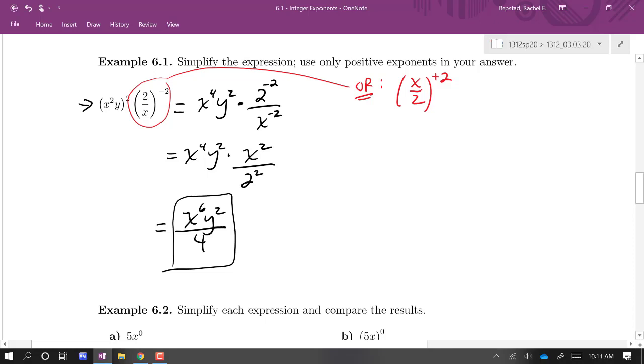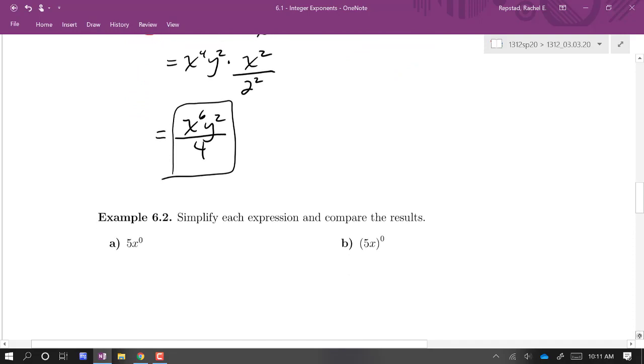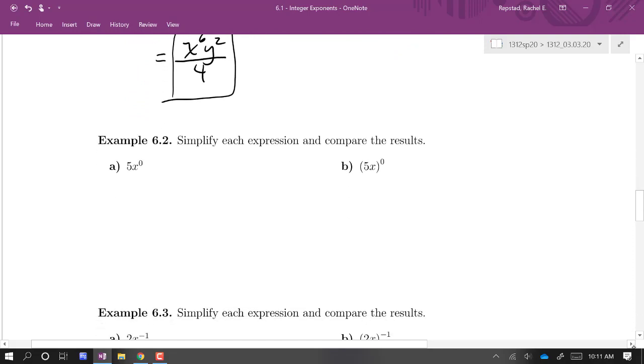Pretty good warm-up exercise. All right, what's 5 times x to the 0? Well, x to the 0 is 1. So we actually get 5.